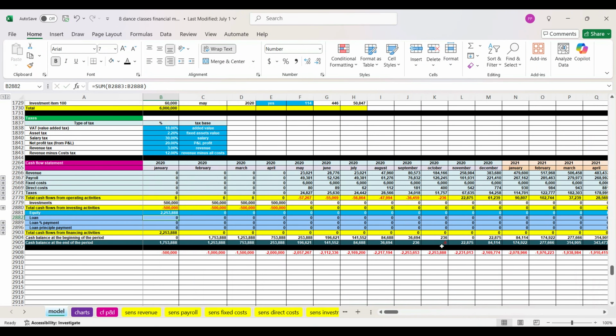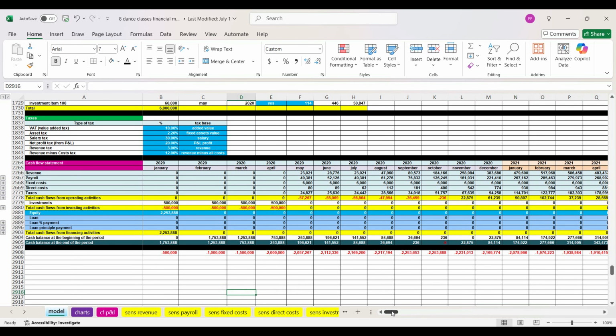And what we can see now is that at this point we have 2.2 millions, and here we are eating our cash. So this is mathematical 0, and then the project starts generating its own cash since October 2020.